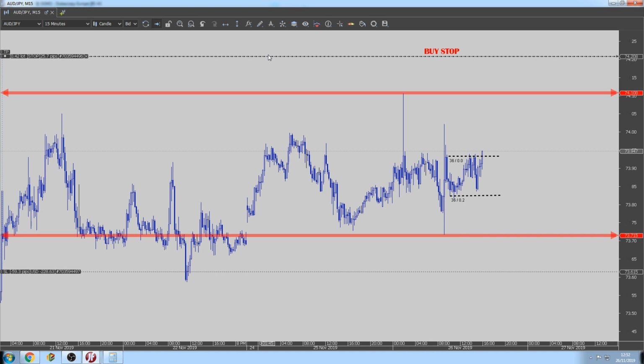As we said, we didn't take in consideration the spread, but still, if the market hits our buy stop, and if the market reverses and hits this one, then we are going to lose minus 228, right?